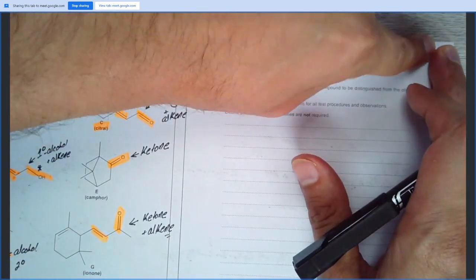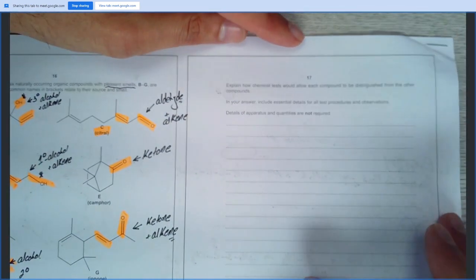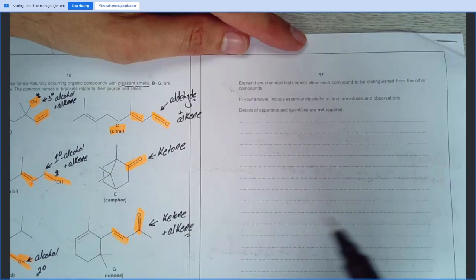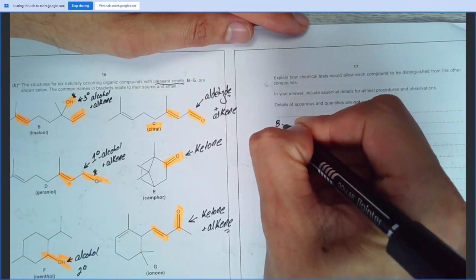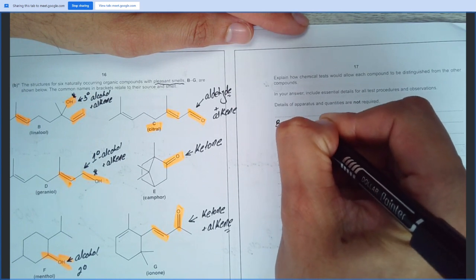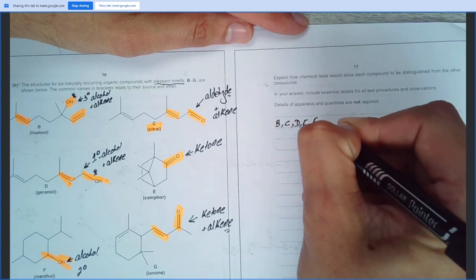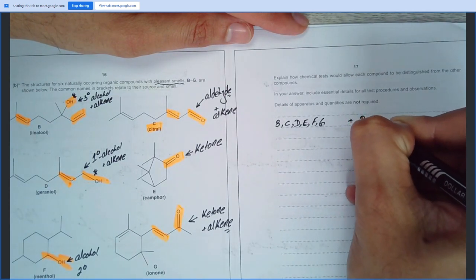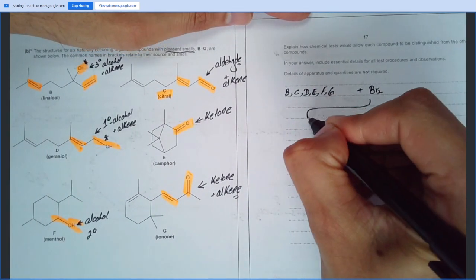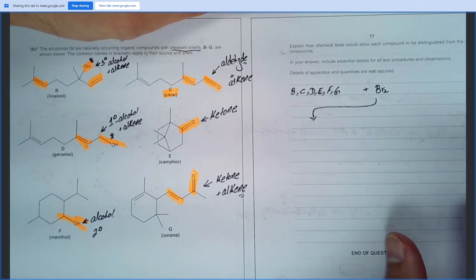Now I can say on this question, the first thing I can do is I'm going to do B, C, D, E, F, and G. I'll add Br2 to all of them. Don't do anything, just listen first, please. When I add Br2 to all of them, which one will give me a positive result?